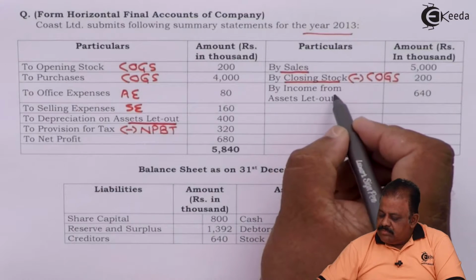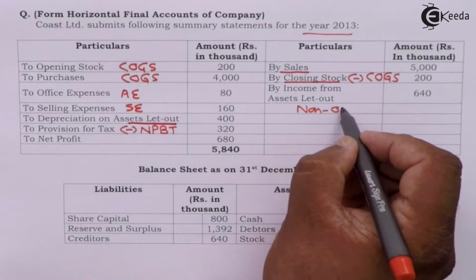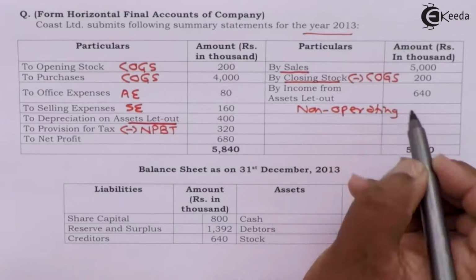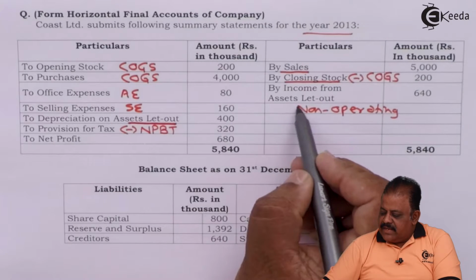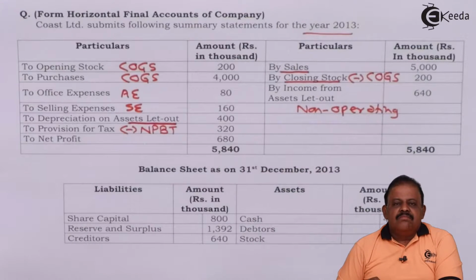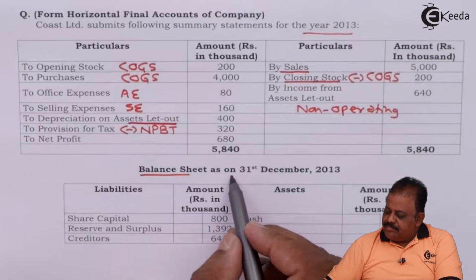Income from assets let out is non-operating income.